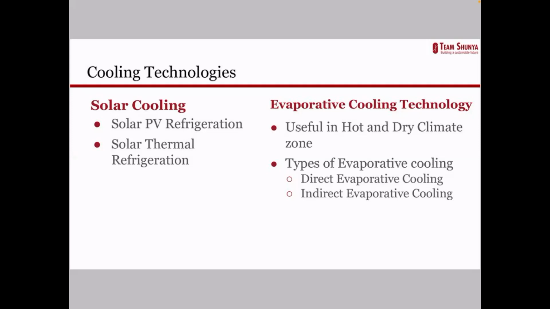Due to the availability of less moisture, there are some issues, skin diseases also. So to maintain this moisture requirement and temperature requirement, both can be done with the help of evaporative cooling technologies.